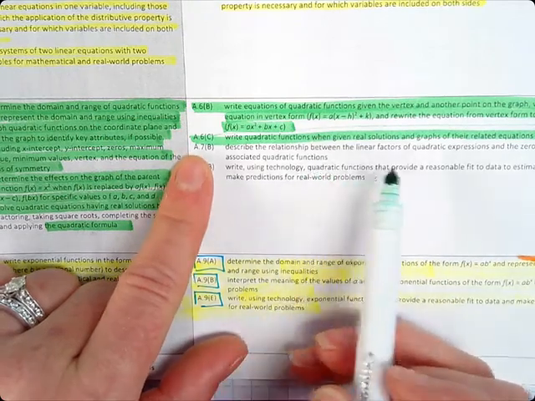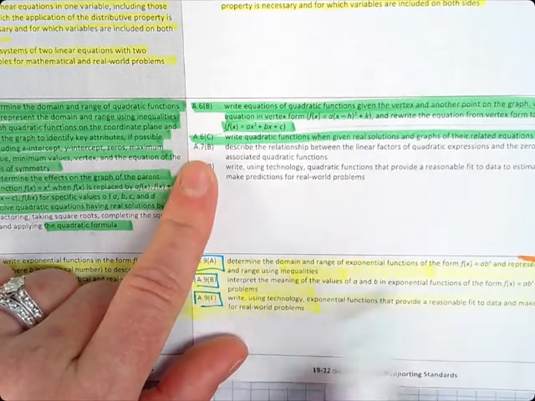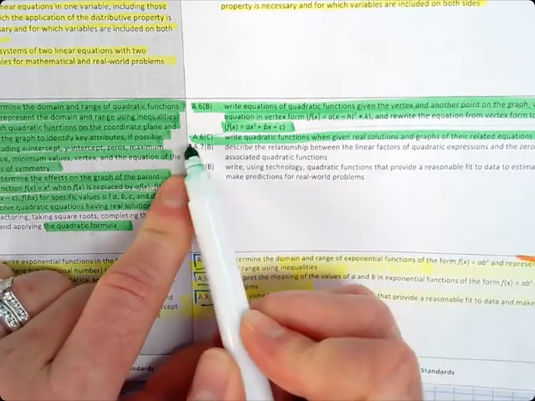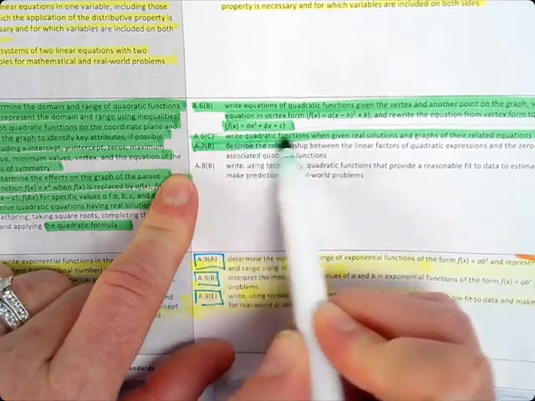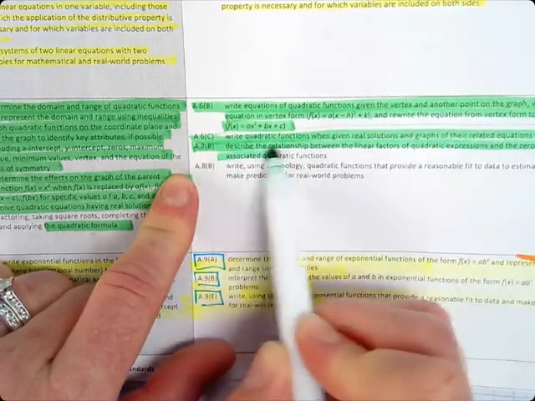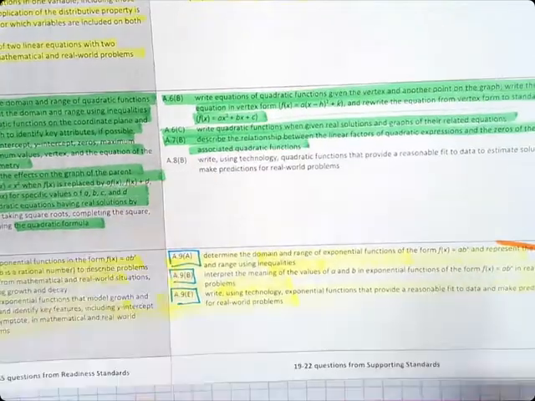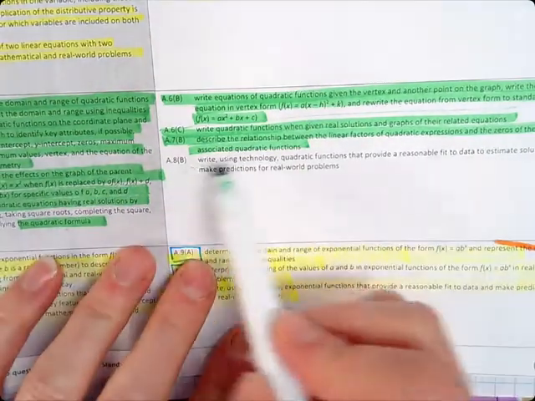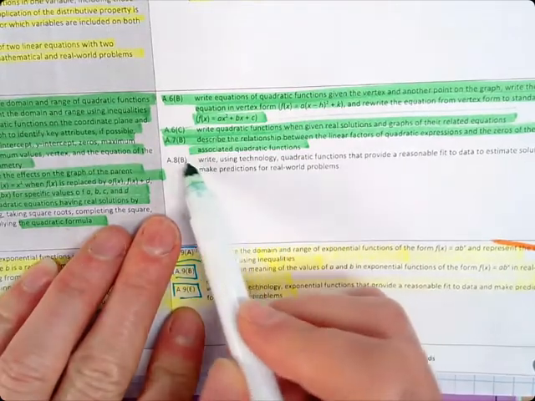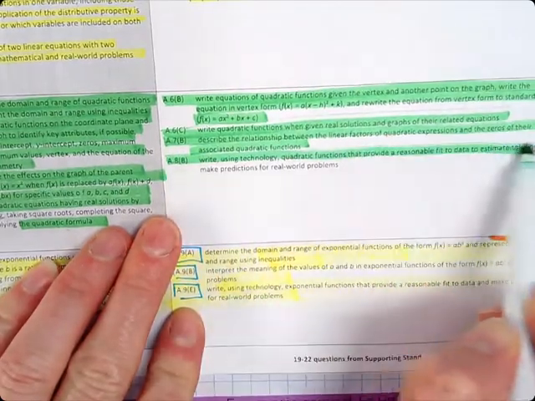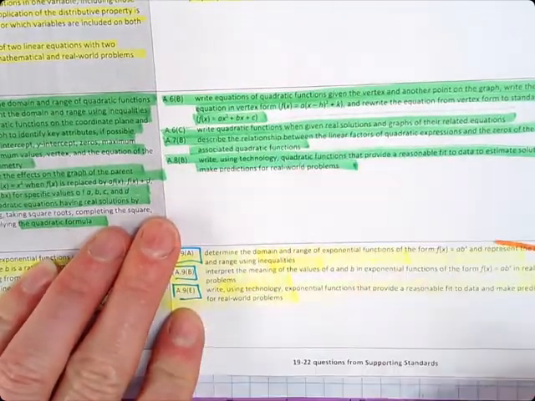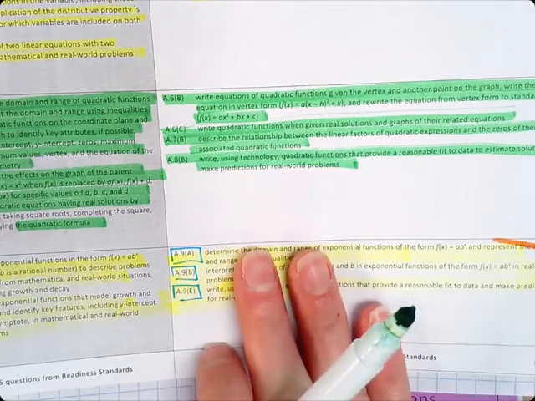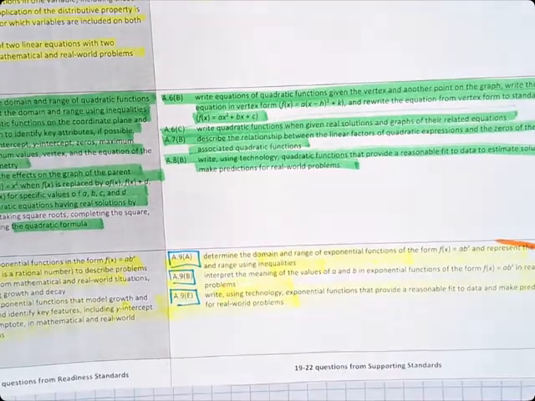Describe the relationship between our linear factors and the zeros. So yes. And then write, using technology, quadratic functions to estimate. So this was with our calculator when we did quadratic regression. So we have completed the quadratic functions unit.